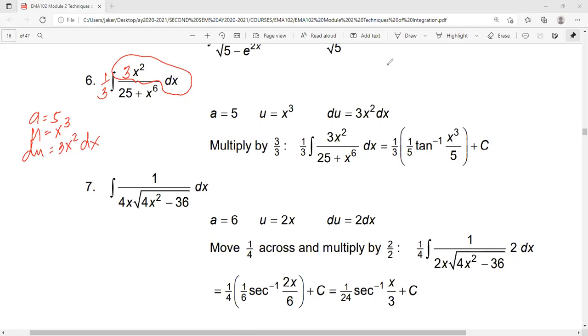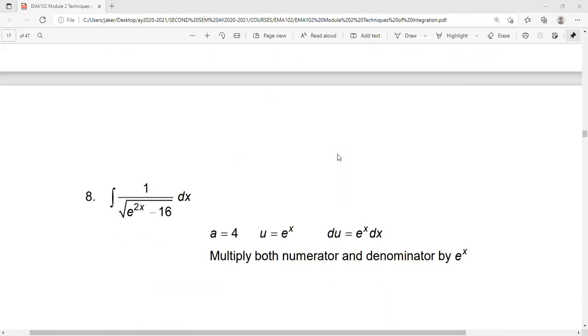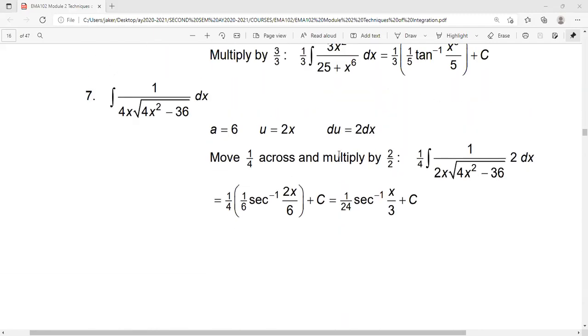Okay, I'll clear my markings. And then we'll have the 7th. Whenever, class, you see a square root, wherein we have the u squared written first minus the constant, then that's the arc secant.